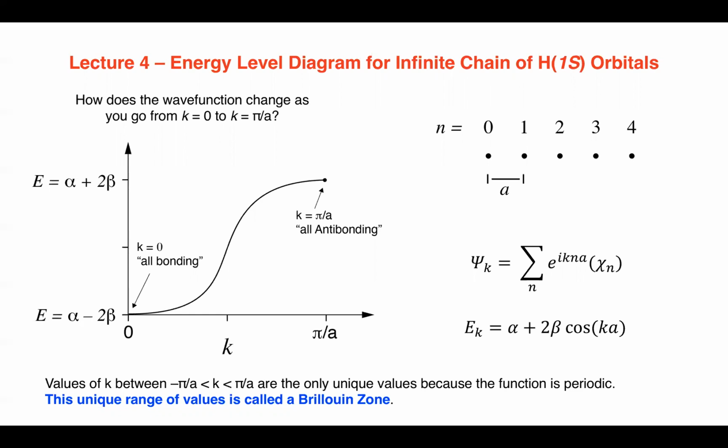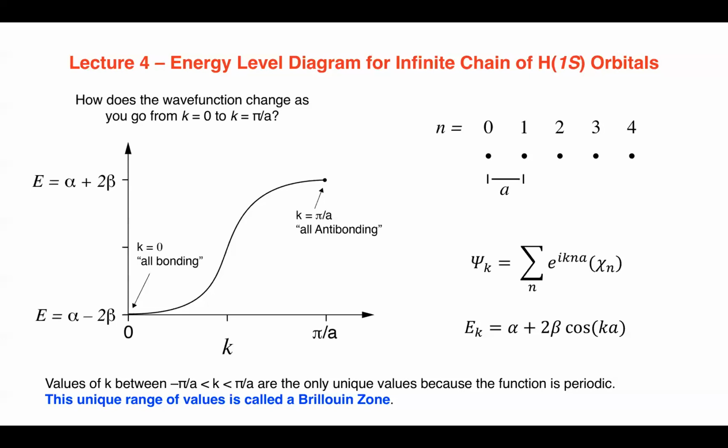And so really the only unique values are in this range of minus pi over a to pi over a. And people call this unique range of values a Brillouin zone. We're going to look at Brillouin zones here in a few slides that are a little bit more complicated than this. But just remember that these are the only unique solutions. The only unique wave functions have k values that fit into that range.